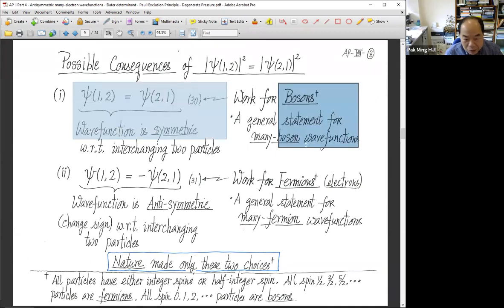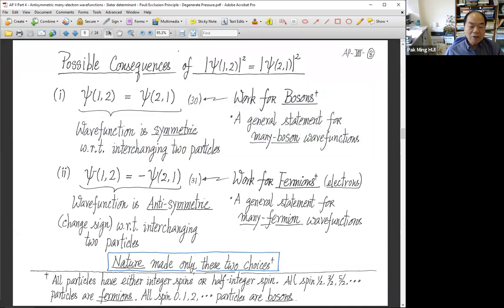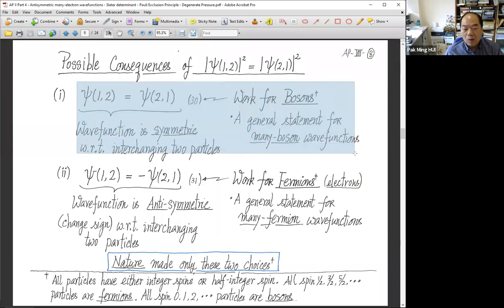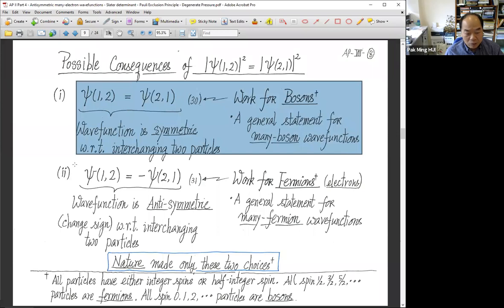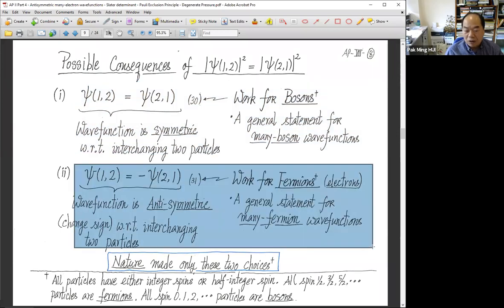It is making use of this part. So for us, we need to know two options, one good for bosons, one good for electrons. Electrons are the only fermions that we will be handling. Maybe in nuclear physics, we have protons and neutrons. They also obey this antisymmetric requirement.